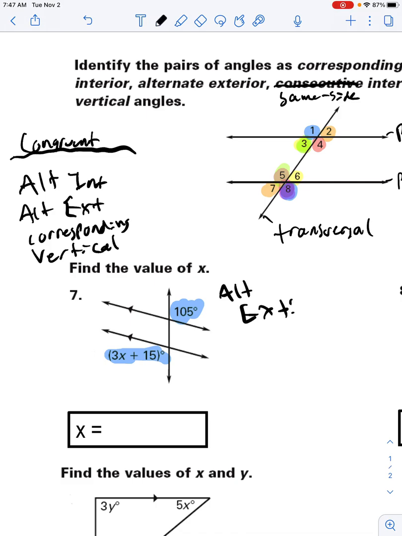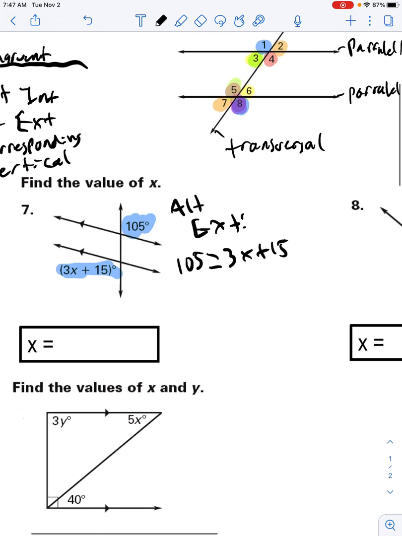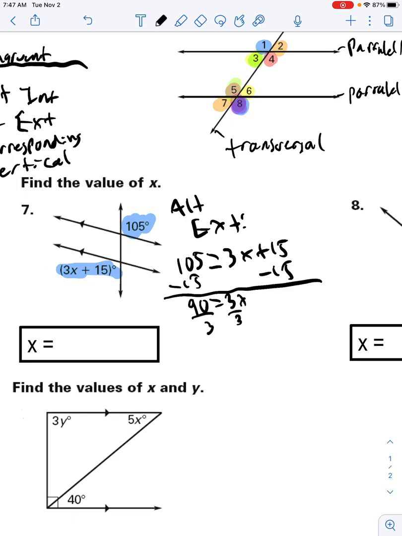And alternate exterior is congruent. So I'm going to set these two equal to each other. 105 equals 3x plus 15. Because they're congruent, I can set them equal to each other, and then all I need to do is solve for x. So x equals 30.